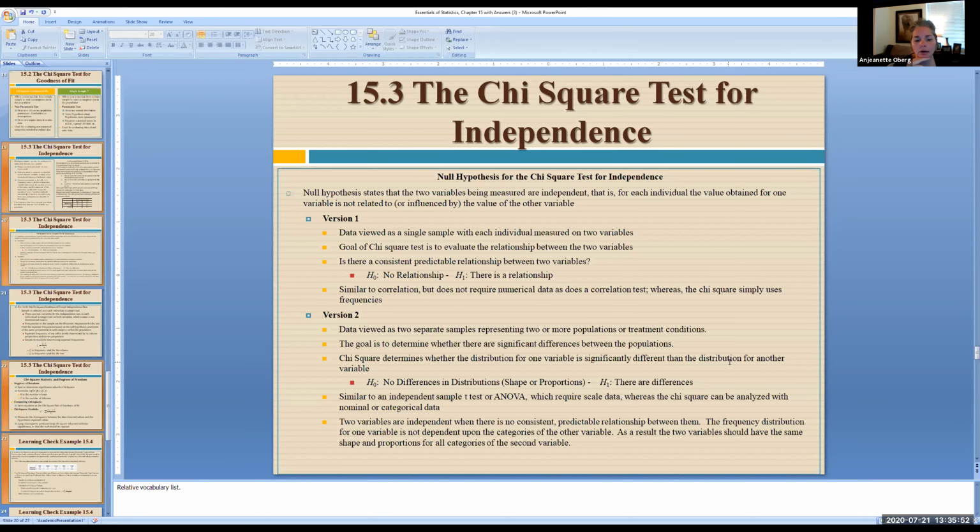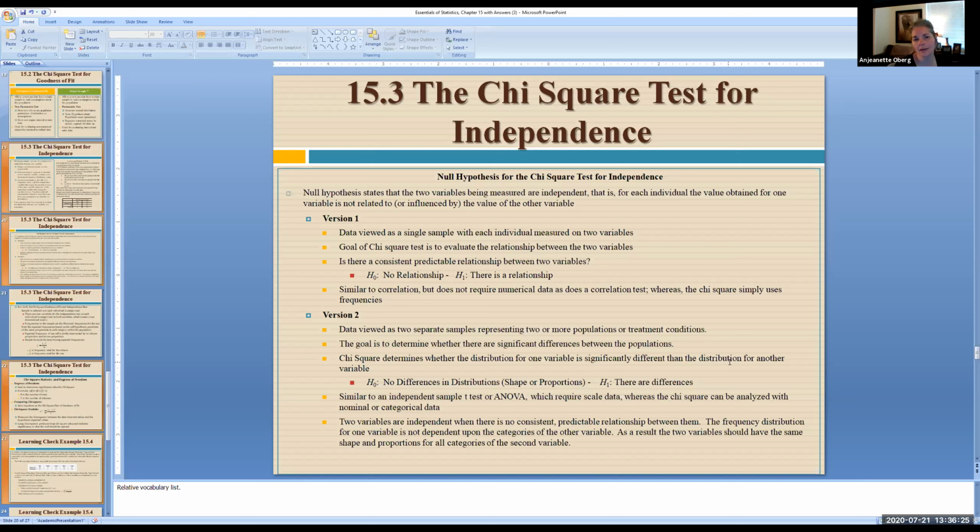So we consider the variables independent from one another if there is no consistent predictable relationship. But if we can see that in fact being asked about smashing into each other produces more people saying yes, they saw glass, then we know that there are in fact predictable relationships there, and therefore we reject the null, okay?